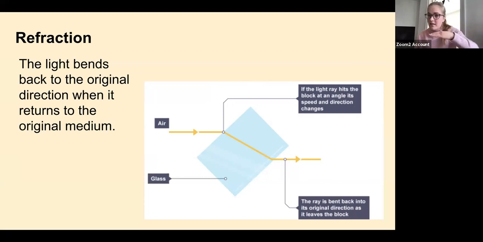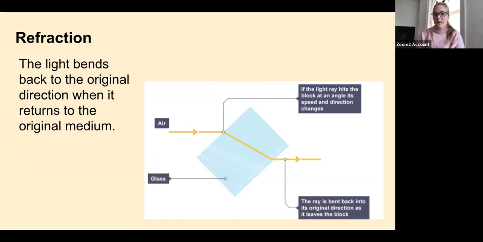So it changes direction. And now it's going in the same direction as it was previously in the air. So when the light goes from the air to the glass and back to the air, it's going to start traveling in the original direction when it crosses back into the air.